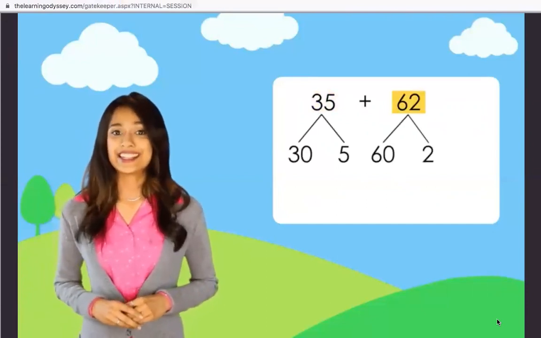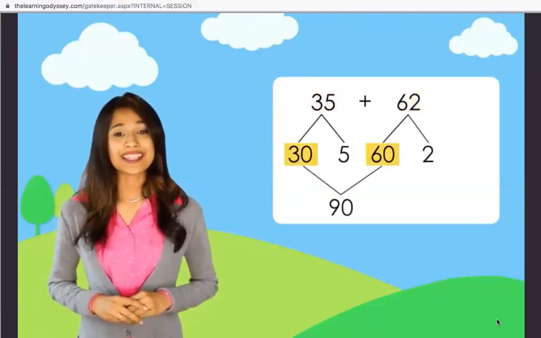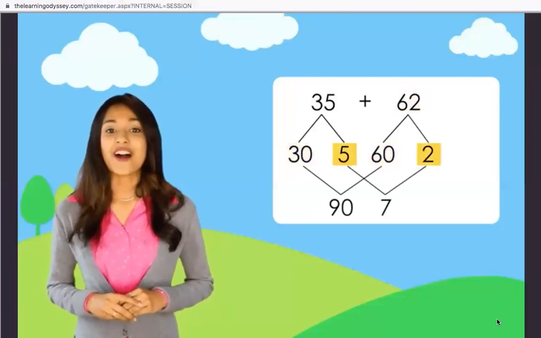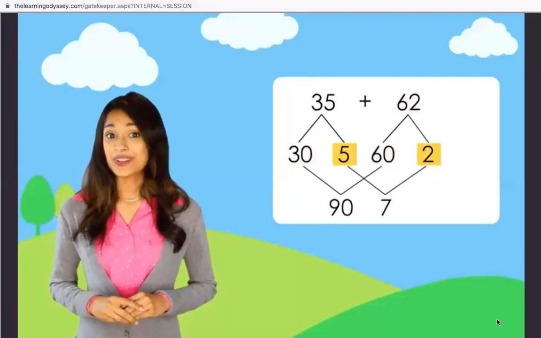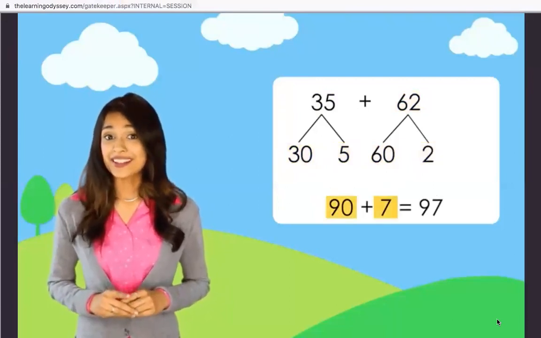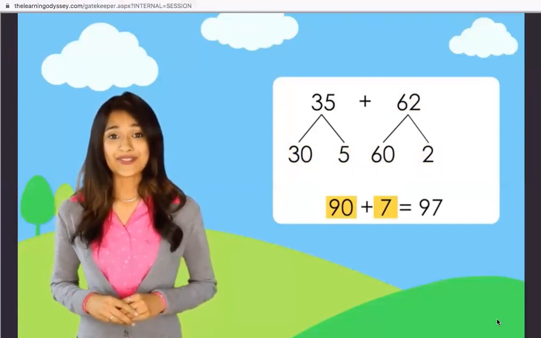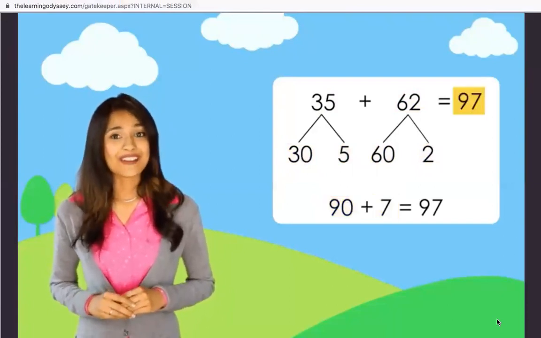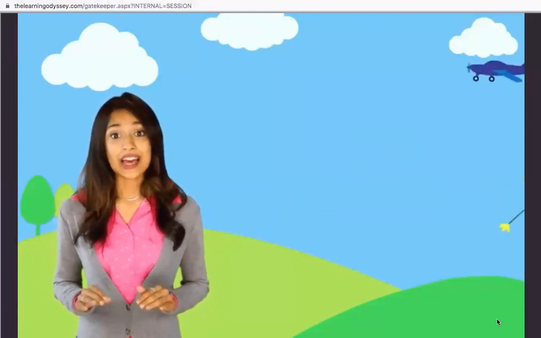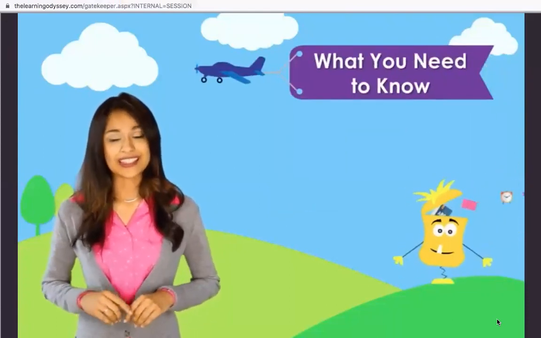Add the tens. 30 plus 60 equals 90. Add the ones. 5 plus 2 equals 7. 90 plus 7 equals 97. So, 35 plus 62 equals 97. Now that we've got that covered, let's see what you need to know.